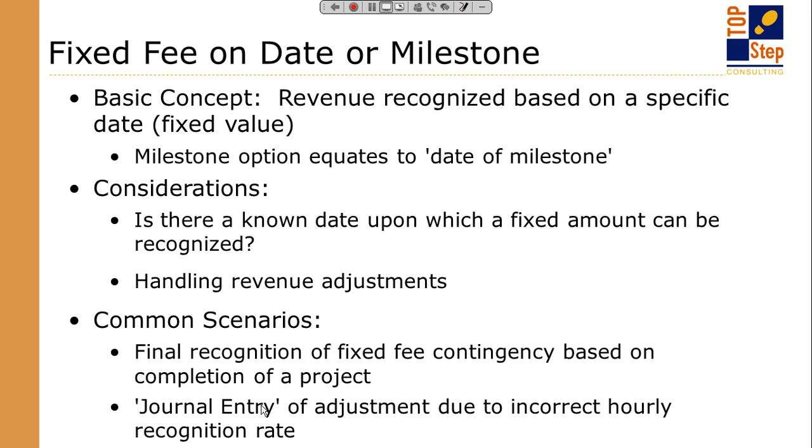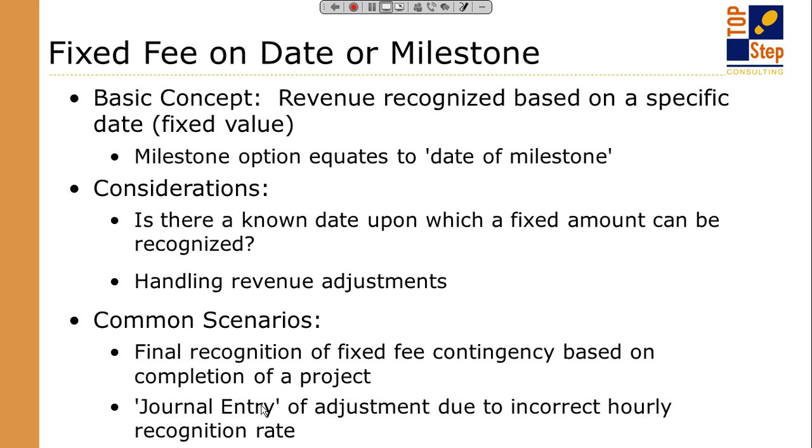So the fixed fee on date or milestone is not used very often in revenue models unless you have sort of a holdback or a contingency situation, or if you're doing some kind of journal entry adjustment, maybe a rounding type of revenue amount. You can always create a revenue transaction manually in OpenAir.